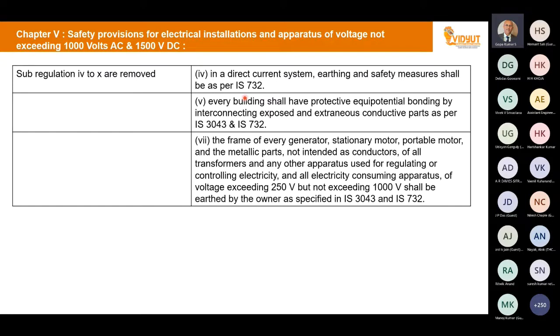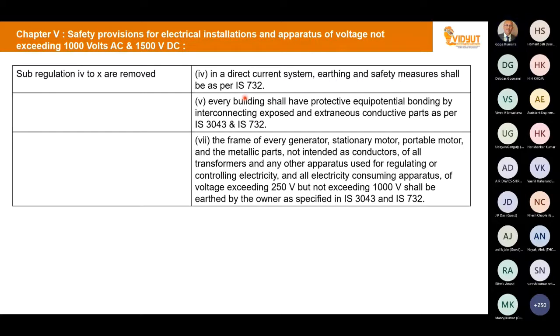Globally, electrical safety in a consumer premise, protection against shock, is achieved by, number 1, protective equipotential bonding, number 2, automatic disconnection of supply. So the safety measure is called fault protection by protective equipotential bonding and automatic disconnection of supply.